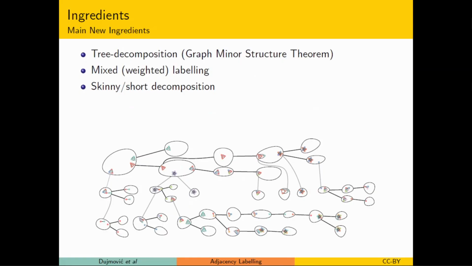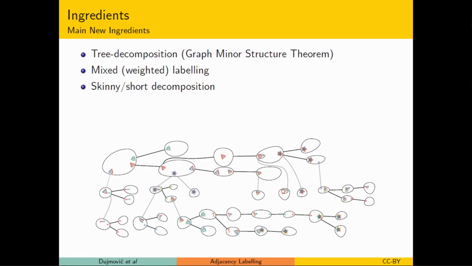And nicely behaved has a complicated description. For our purposes, you can think of it as: if I look at the graph induced by the vertices in a bag, it has a log n bit adjacency labeling scheme. In fact, a generalization of that. That's nothing new. That already came from what we knew from the product structured graphs.